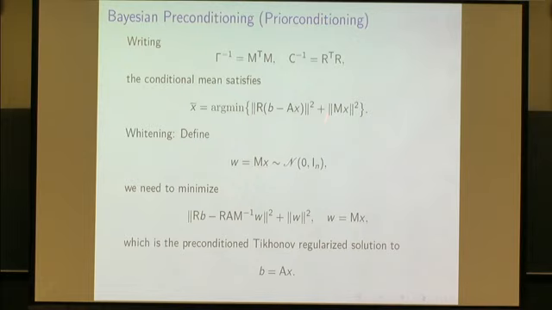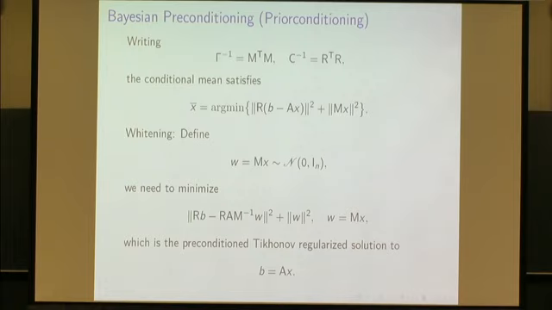We say, well, let's say that instead of solving for x, we are solving for w, which is M times x. You see from the form of your prior that this w is going to be white noise, so it has mean zero and covariance identity matrix. So this is the whitening transformation, or Mahalanobis transformation in statistics. So we do this transformation.